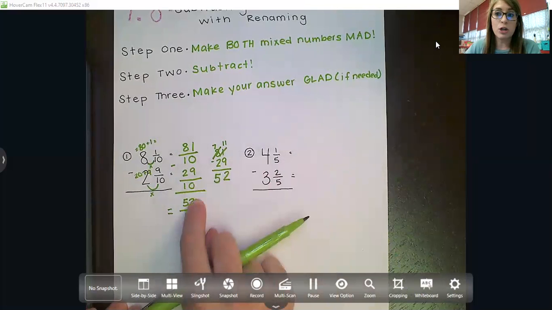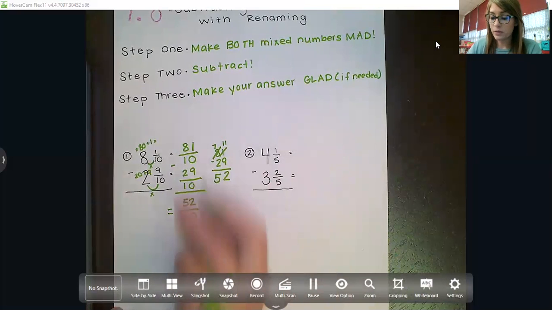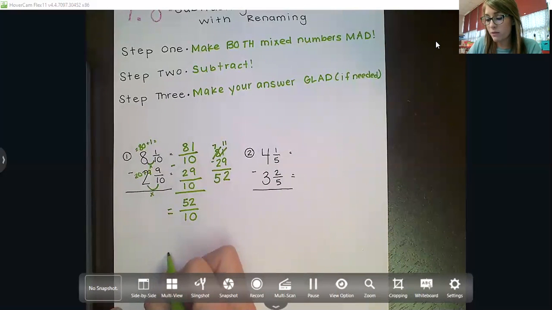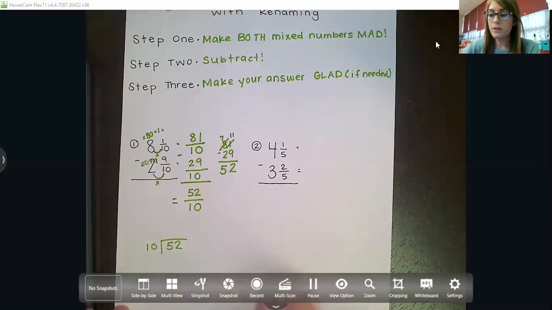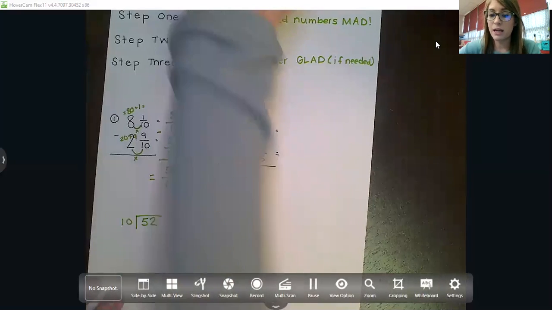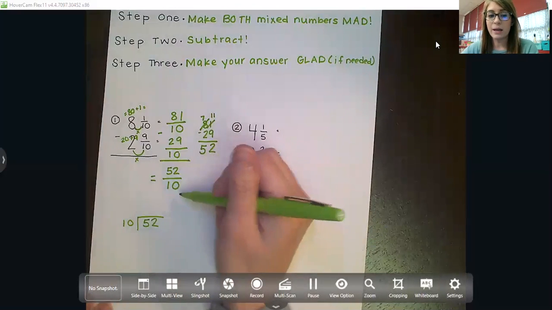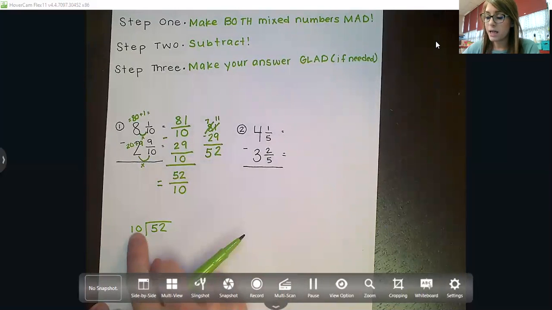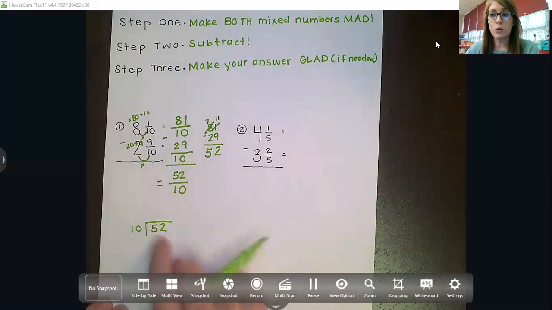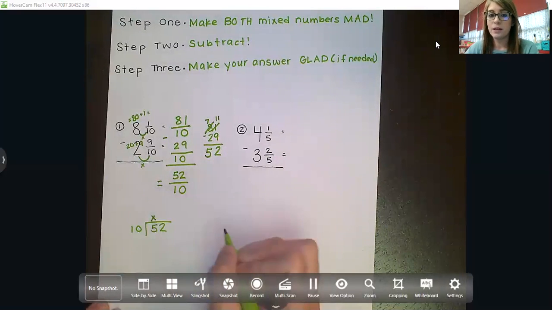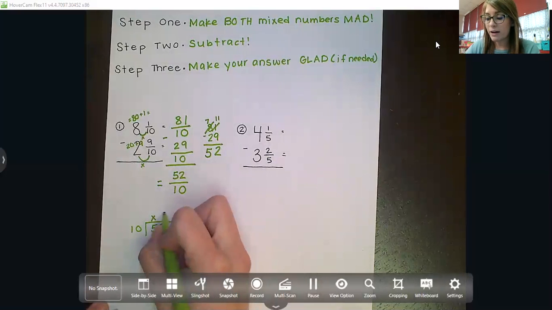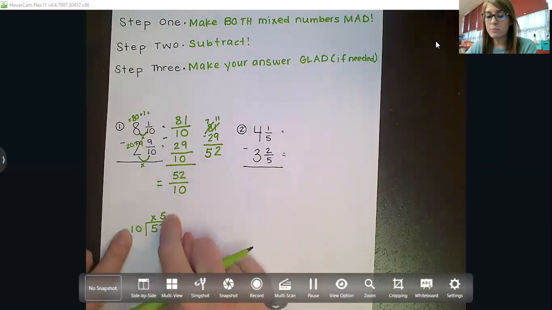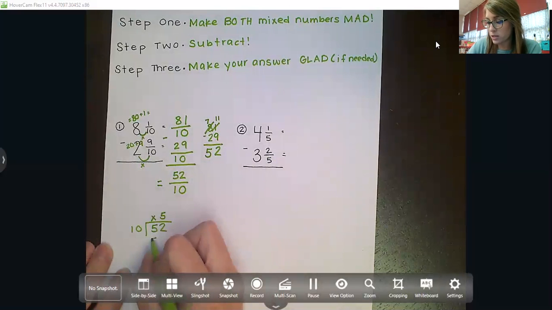The first thing we're going to do is divide. So we've got 52 divided by 10, because we're taking that numerator and dividing it by the denominator. 10 can go into 52 how many times? Very good, 5 times. 10 times 5 is 50. Great job.